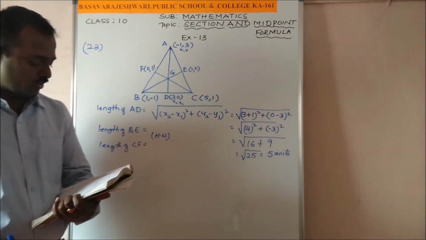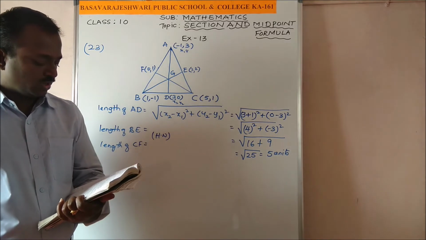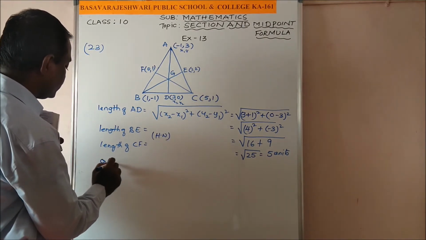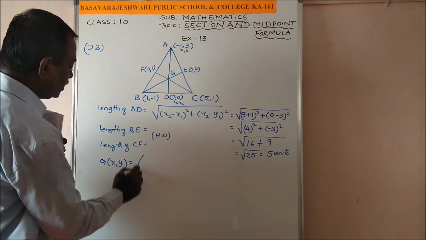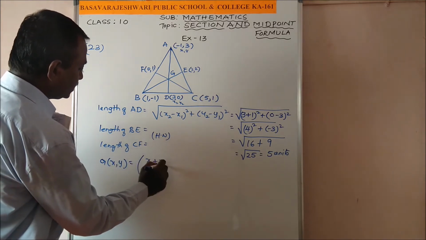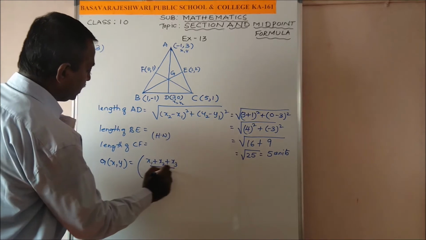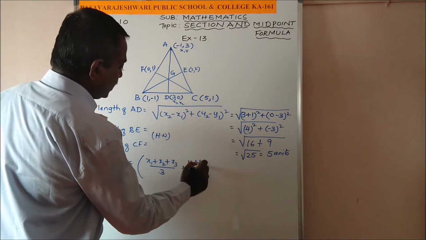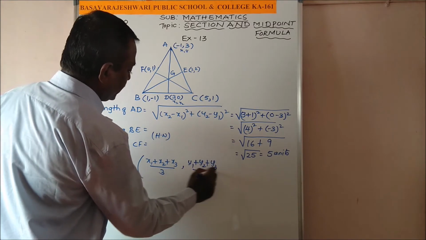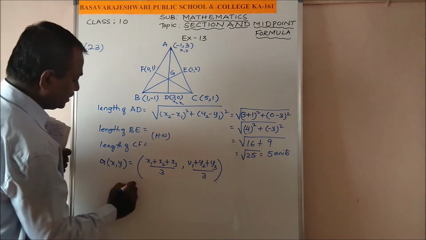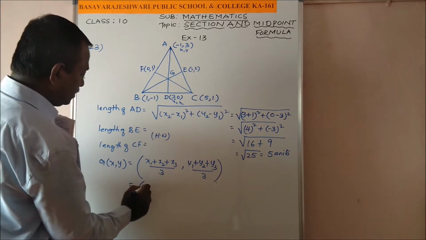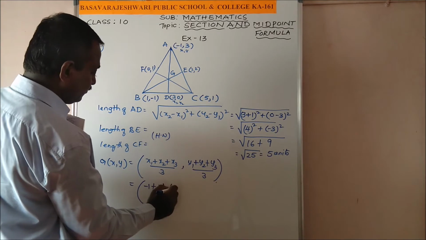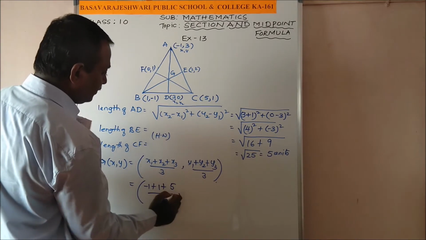Next part, what do we have to find here? Coordinates of the centroid. So what is the formula? ((x1 plus x2 plus x3) by 3, (y1 plus y2 plus y3) by 3). So that is equal to x1 is minus 1 plus x2 is 1 plus x3 is 5 by 3.